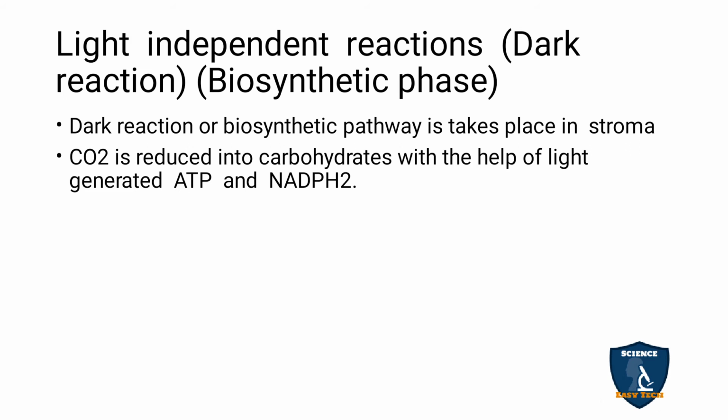There the carbon dioxide is reduced with the help of ATP and NADPH2, which they got from the light reaction. So with the help of the light reaction, the carbon dioxide is reduced. That reaction is called dark reaction or biosynthetic phase or light independent reaction.